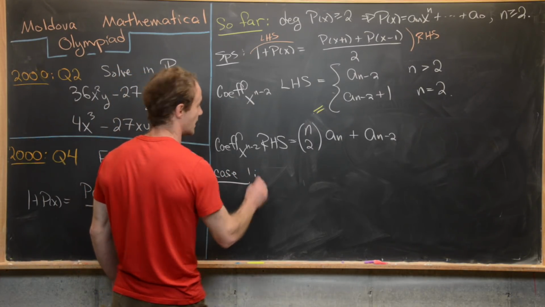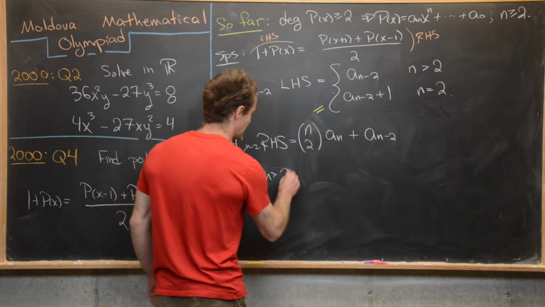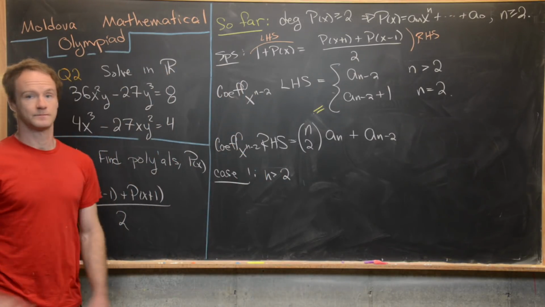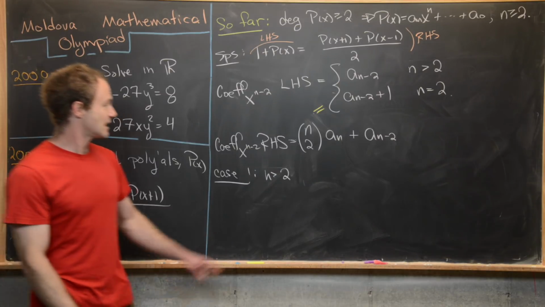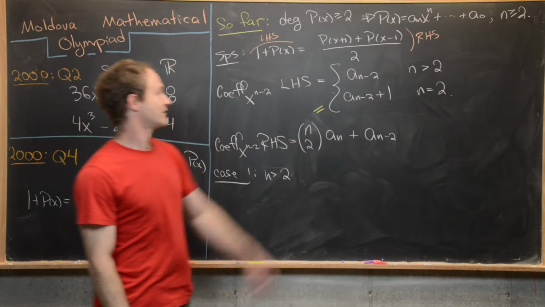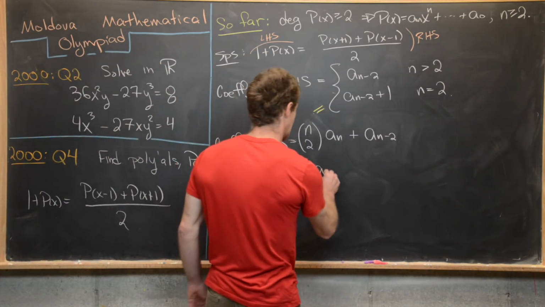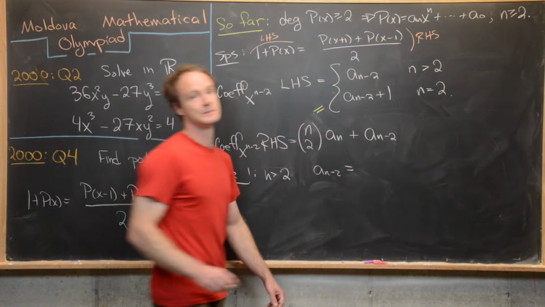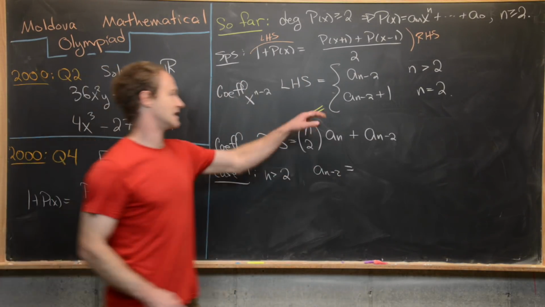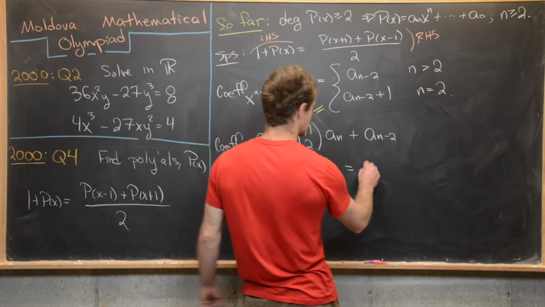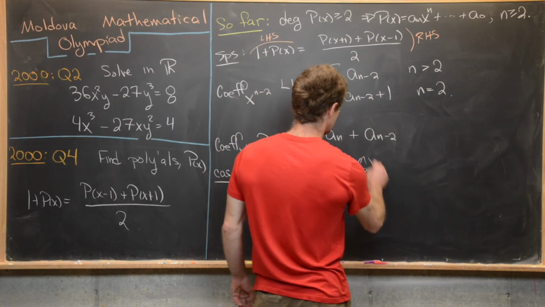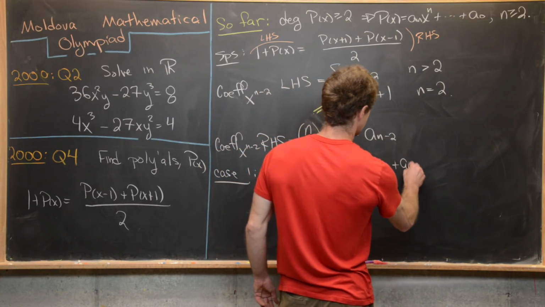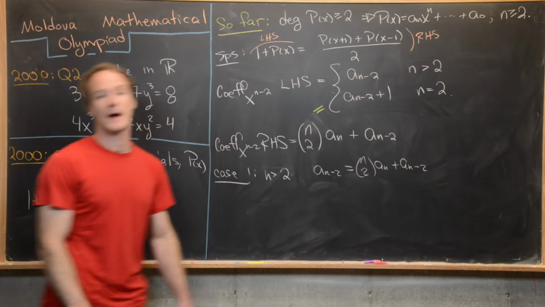So case number 1 is that n is bigger than 2. But if n is bigger than 2, notice that the left-hand side of the equation is a sub n minus 2. And then the right-hand side of the equation is going to be n choose 2, a sub n plus a sub n minus 2, like that.